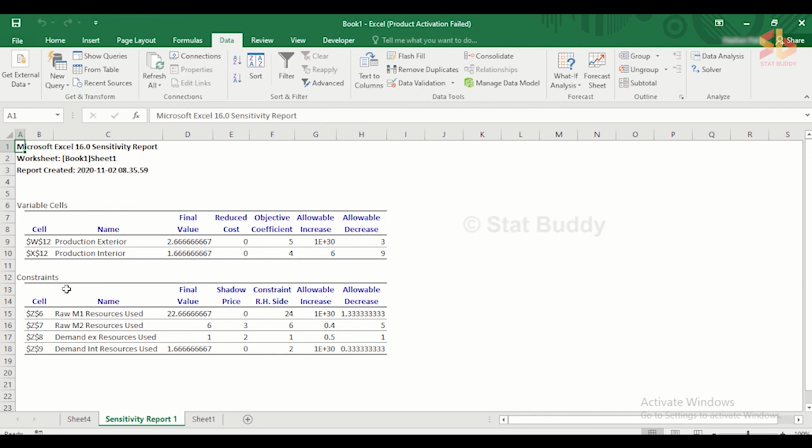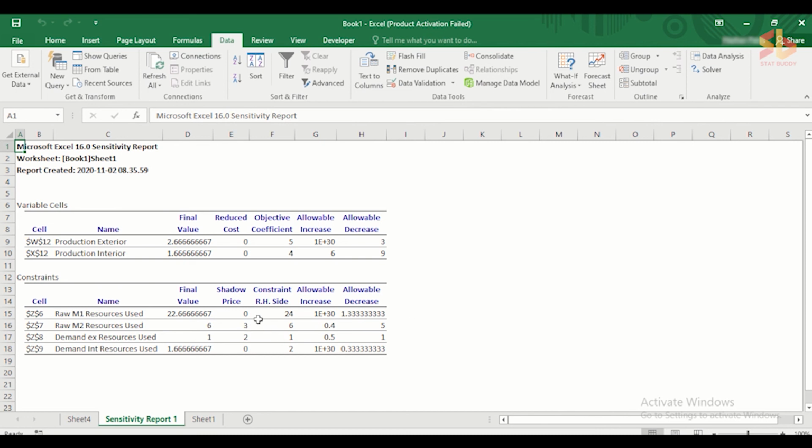Now we go to the constraints table. It shows the shadow price. Shadow price is the change in the optimal solution. It can be an increase or a decrease if we change the right hand side value of a certain constraint.